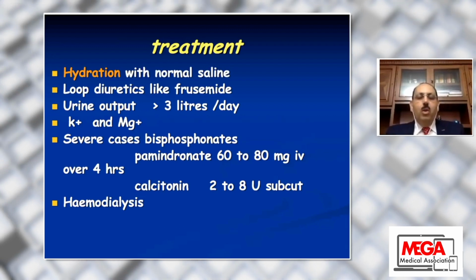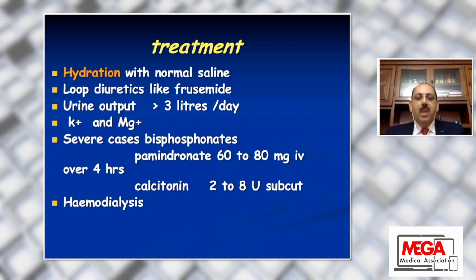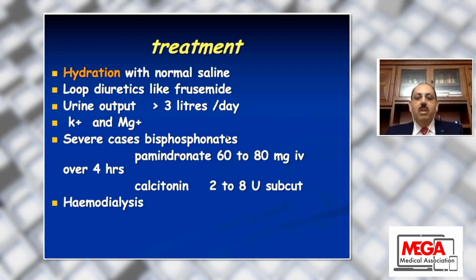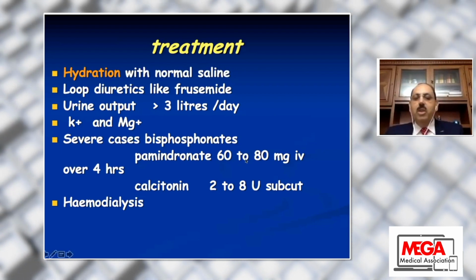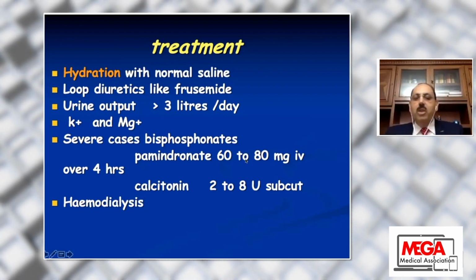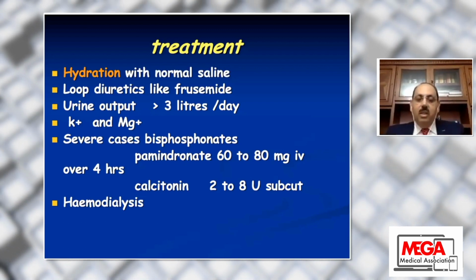Also correct the associated potassium and magnesium abnormality. And in severe cases, we give a bisphosphonate such as pamidronate 60 to 80 milligram IV over 4 hours, calcitonin 2 to 8 units subcutaneous, and in resistant cases, hemodialysis.